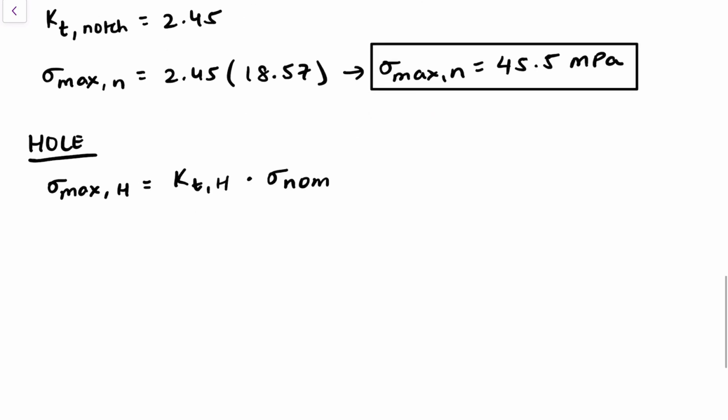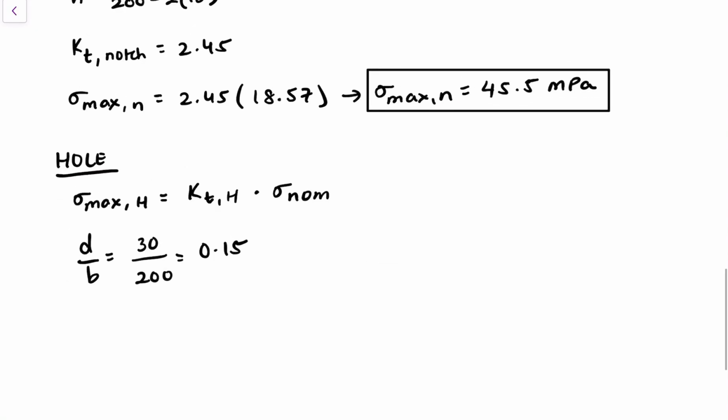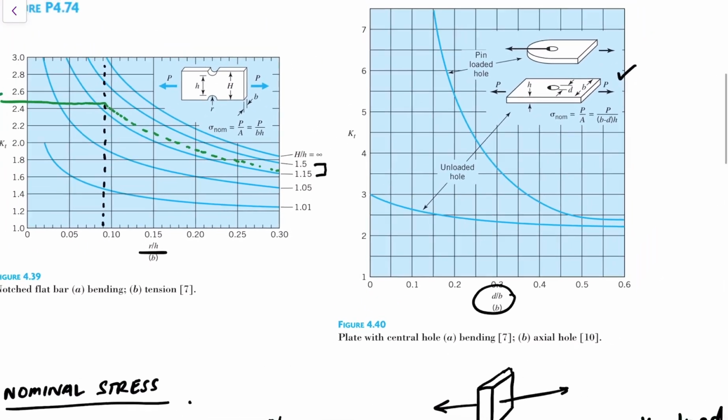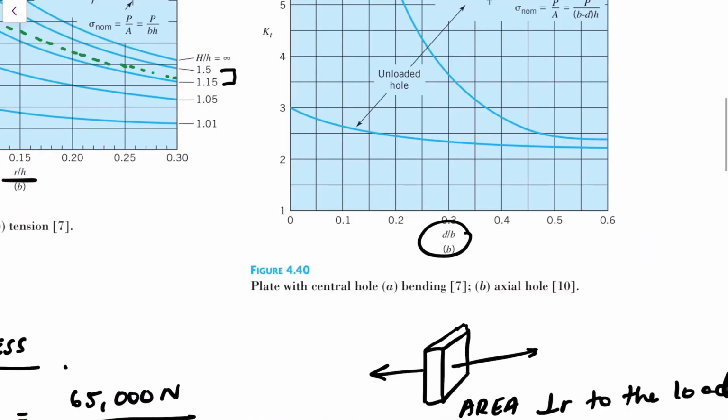So d over b is 30 divided by 200, which is 0.15. So going back to the plot, we have 0.15, which is this line over here, and that's almost exactly 2.5.